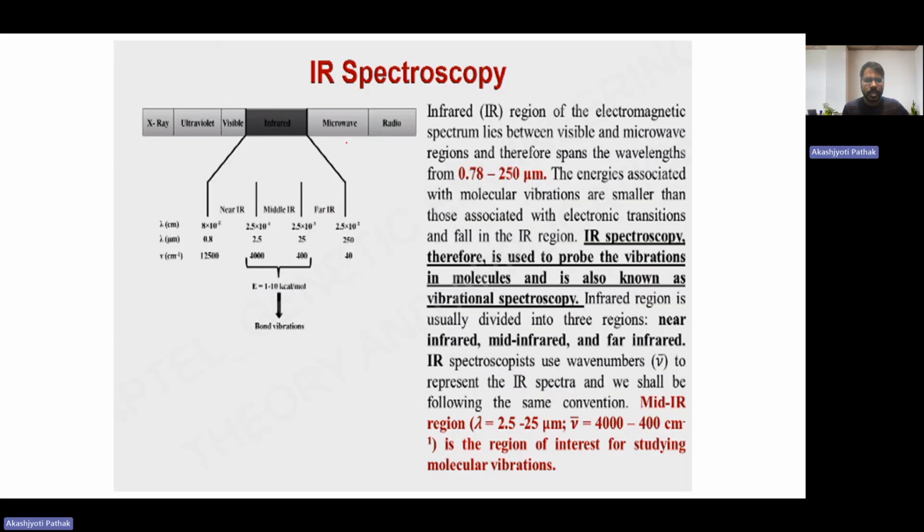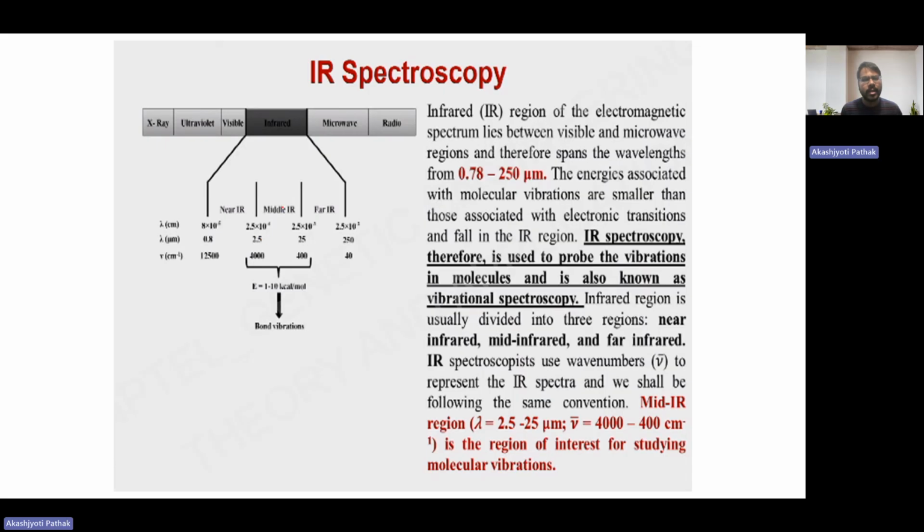Yes, so in infrared spectroscopy, we are utilizing the infrared region of electromagnetic radiation to excite a molecule. Now this infrared radiation can be subdivided into three regions: the near infrared, the middle infrared, and the far infrared. The near infrared region has a wavelength from 0.8 micrometer to 2.5 micrometer.